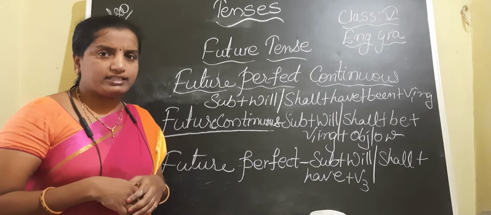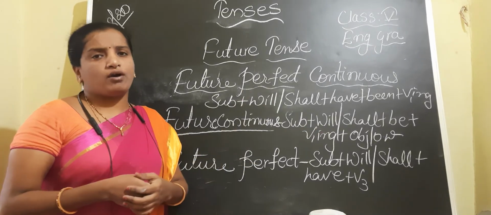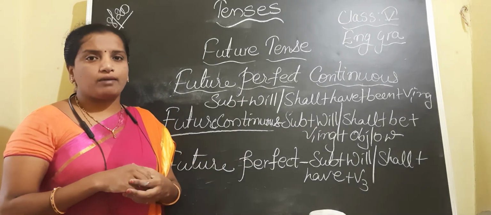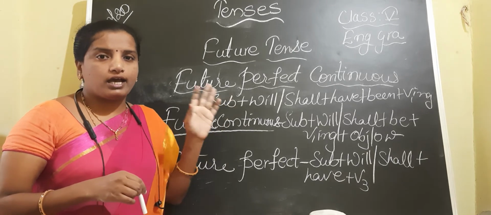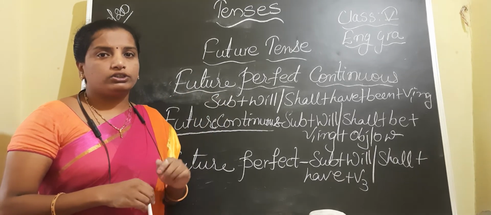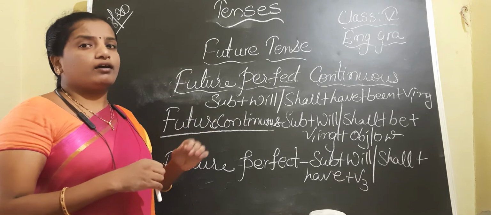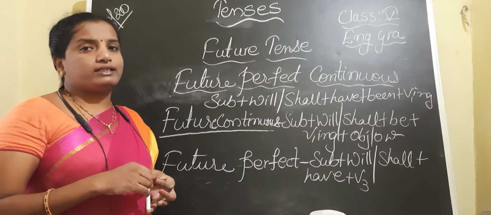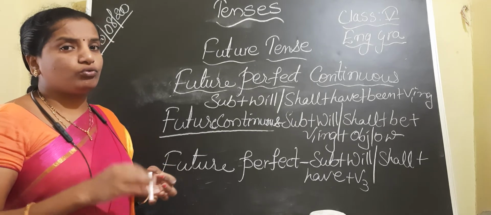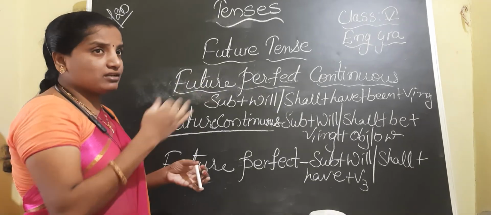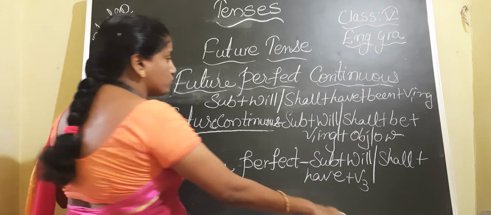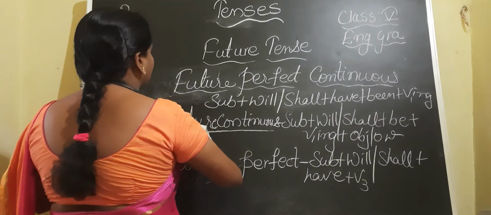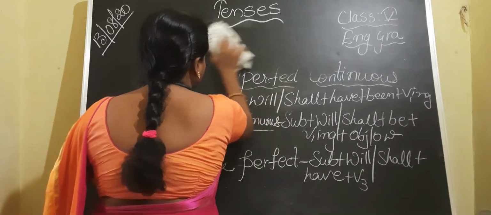What is a tense? It's a form of a verb which tells us the time of action, and it has been divided into three parts. Further, the three tenses have been divided into four parts each. Total we are having 12 types. Today let us revise all the names, how to write in a tabular form, in a table.